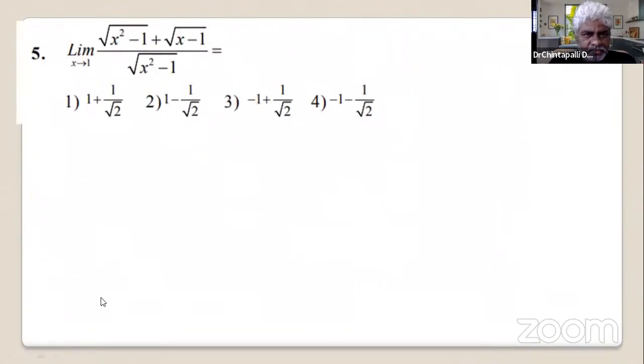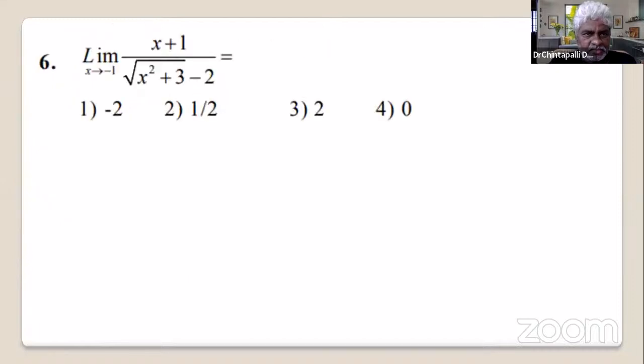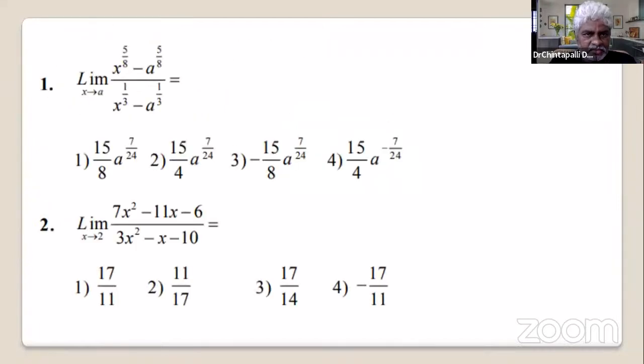Practice. Let us do some questions regarding this. I'll show you. Try the second sum.